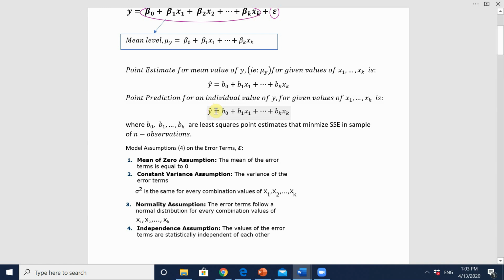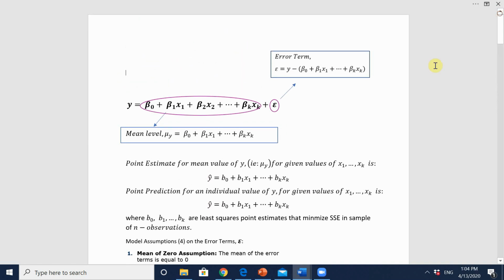In which case, when we look at the formula for the error term, that will yield an error term that is negative, right? And in other instances, the y hat will actually be smaller than the observed y value, in which case we will have an error term that is positive.